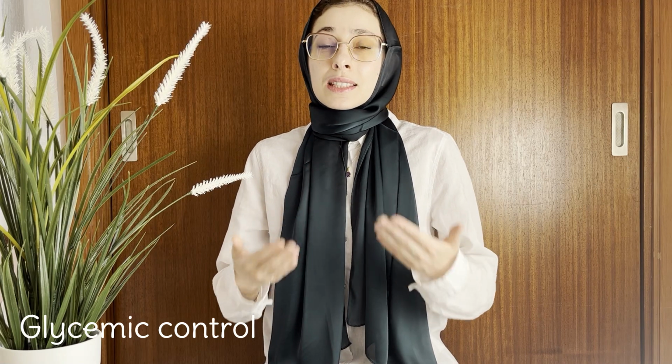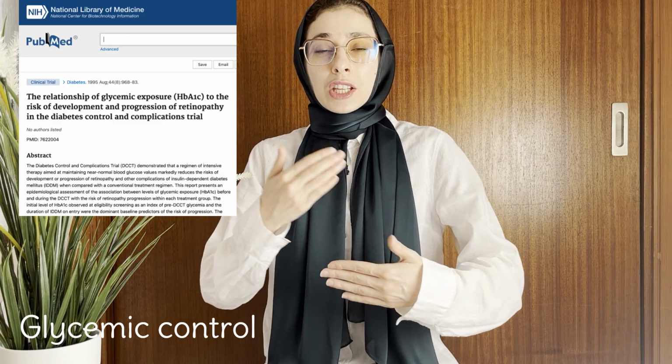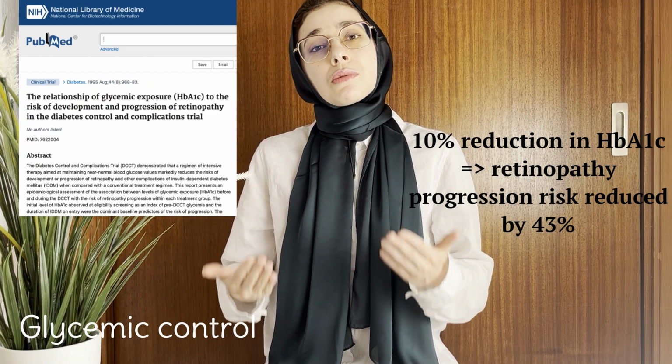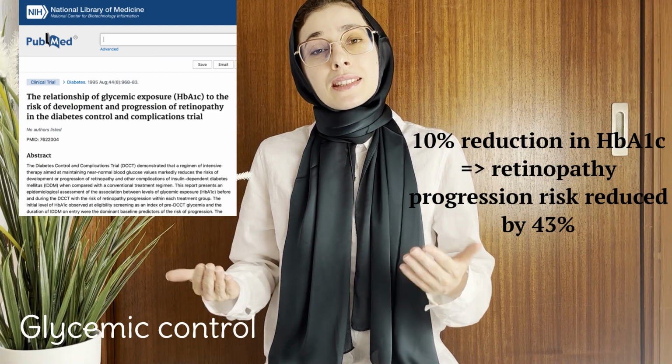You see, glycemic control prevents but also slows the progression of microvascular complications. Let's take the example of eye disease or retinopathy. In the DCCT, they demonstrated that when HbA1c is reduced by just 10%, the risk that retinopathy progresses was reduced by 43%, which is a great number.